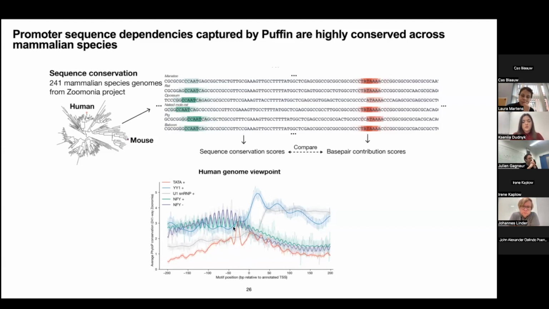And even the periodicity of NFY is also conserved. What's amazing is that this conservation curve very much resembles the effect curves that Puffin learned, like for NFY, Y1, and so on. So this is another indirect validation of the position-specific effect curves learned by Puffin.